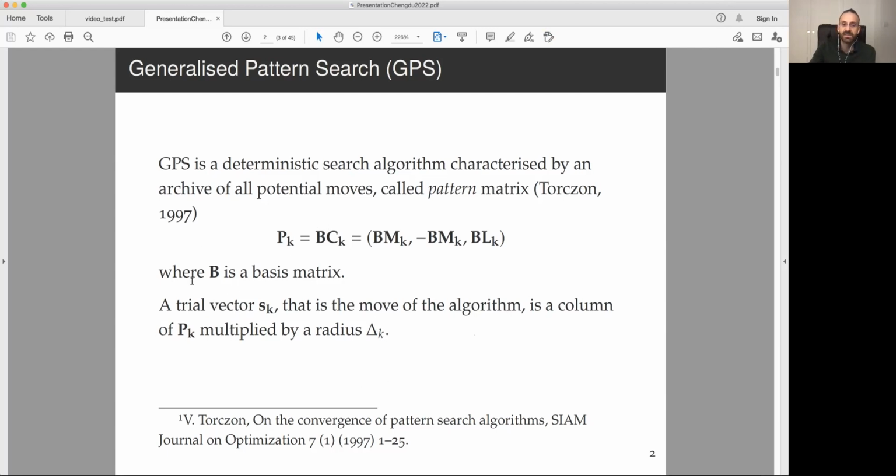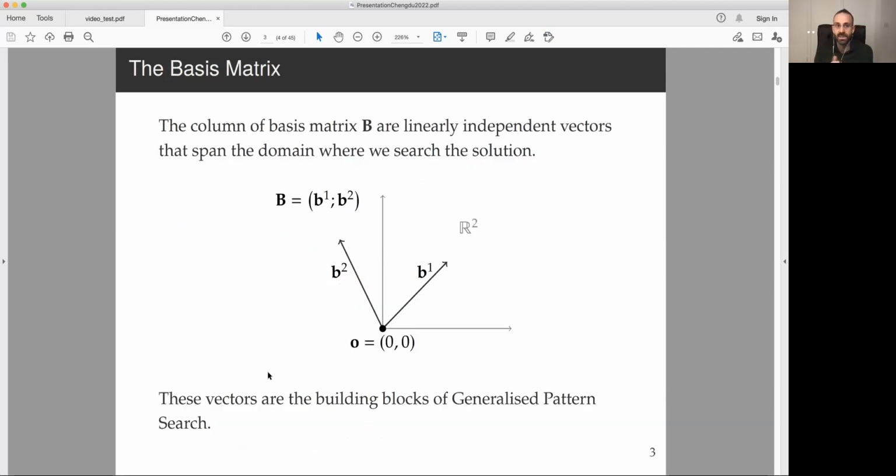But as we said, let us focus our attention on the matrix B. We can imagine that the moves are given by Pk and B are the directions. Let us see now what that means. The columns of the basis B are linearly independent vectors that span the domain where we search for the solution.